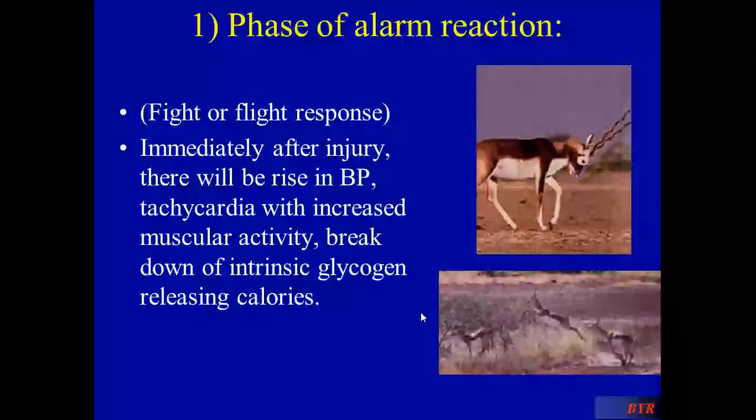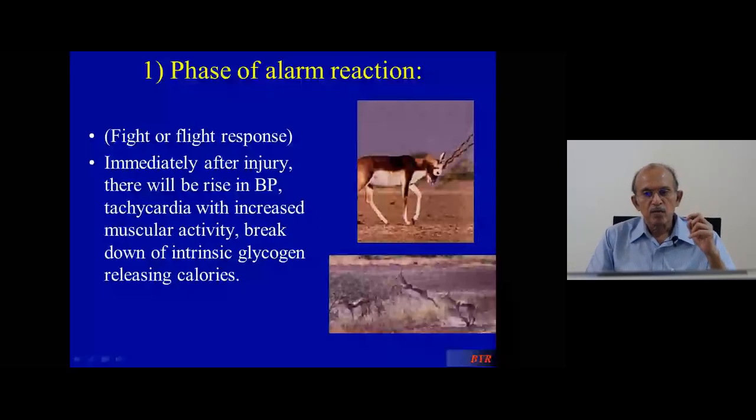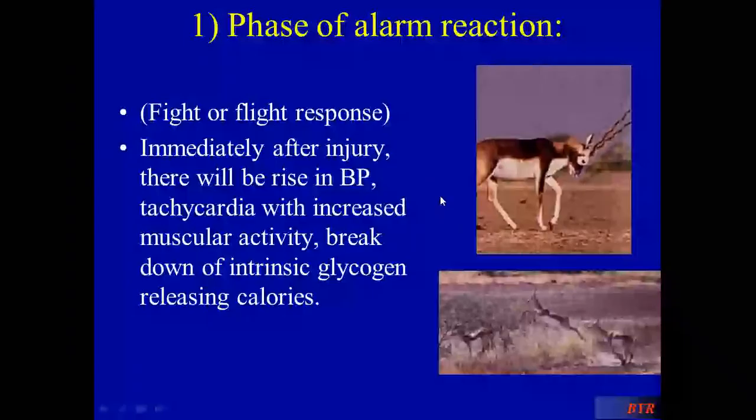For example, there is a fight in nature. If two fellows are fighting, there may be a response of fight or there may be a response of flight. Whether it is fight or flight response, the body should be geared to do intense activity all of a sudden.